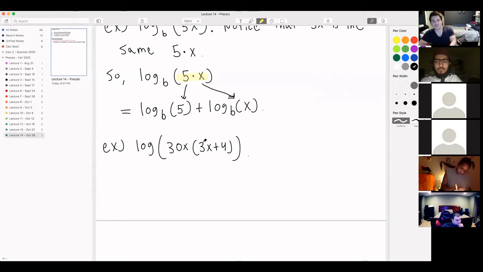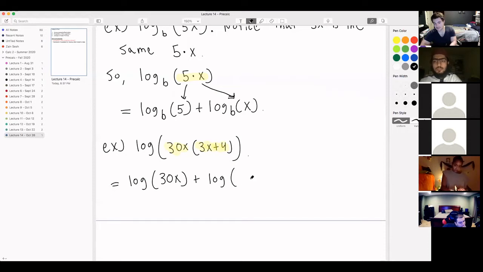I'm going to think of this as 30x multiplied by 3x plus 4, and that's how I'm going to split it up. So this will be log of the first factor, 30x, plus log of the other factor. The other factor is 3x plus 4. So that went there, and that went there.